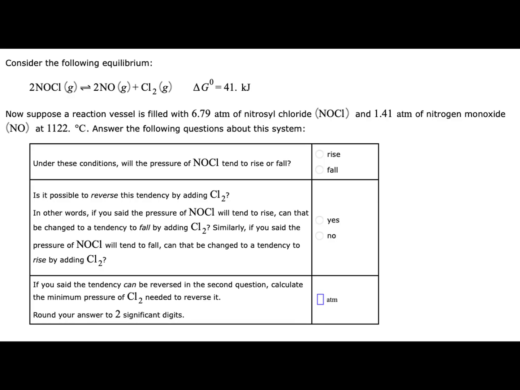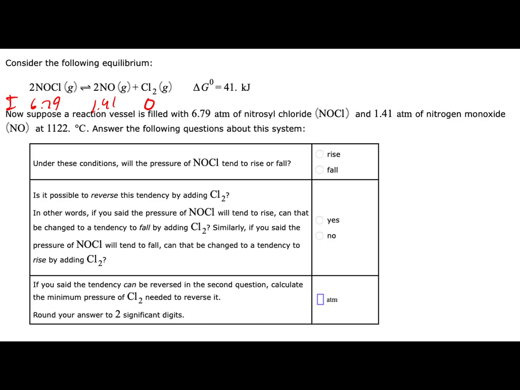And so it is good to note the initial amounts of each reactant and product. So we have 6.79 atmospheres of nitrosyl chloride, and we have 1.41 atmospheres of nitrogen monoxide, which means initially, I'll just put an I here for initial, we don't have any chlorine.